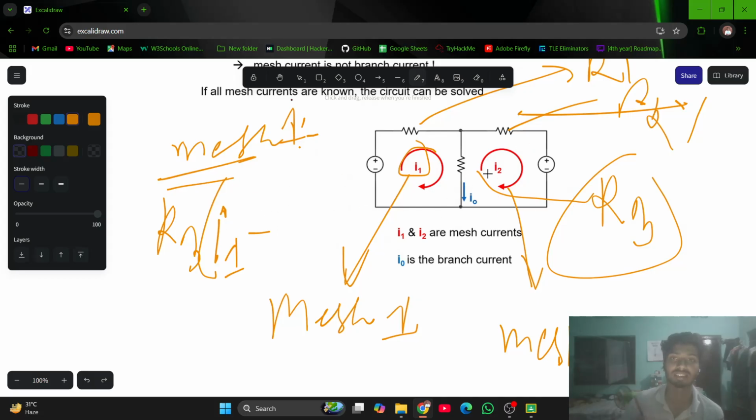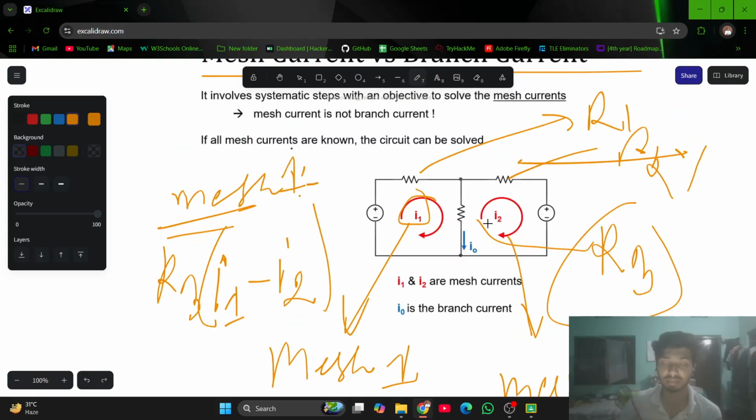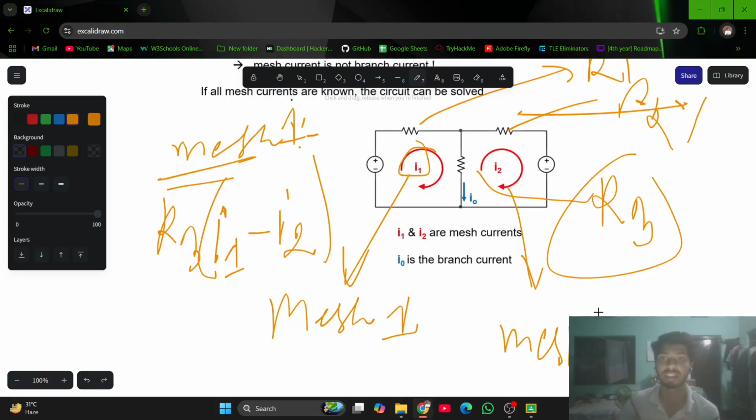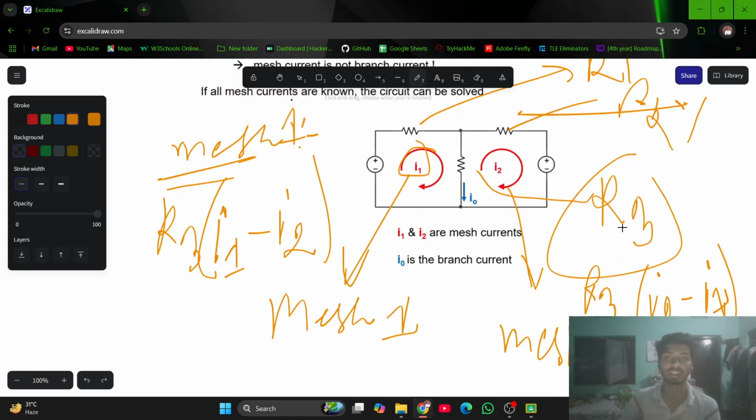In this case the rest current is I2, so just subtract it from the main current. If you write the mesh 2 equation, the main current will be I2, so write R3 times the main current and then subtract the rest part of the current. In this case the rest part is I1. By doing that we can easily get the desired current of R3.